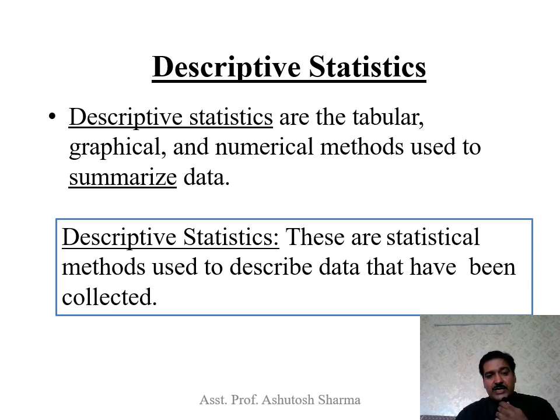Techniques like mean, median, mode, skewness, kurtosis, dispersion, and standard deviation are all considered descriptive statistics, by using which we describe the population or the data. I hope you are clear about descriptive statistics.